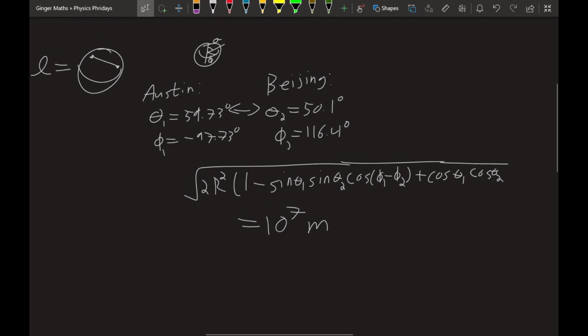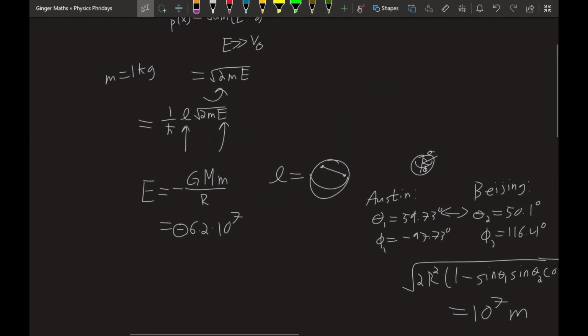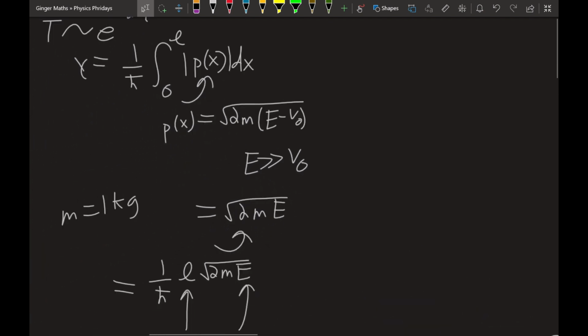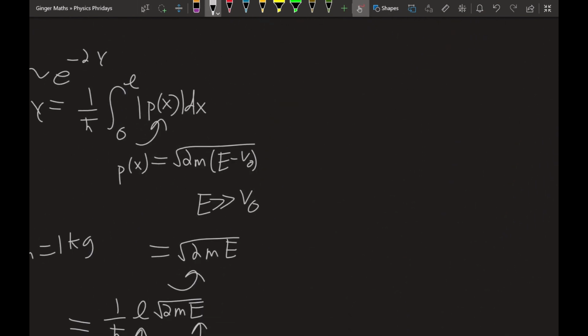So, with that calculated, which is quite cool, we now have essentially everything we need to actually find the probability that our pineapple does actually quantum tunnel to China. So, going up here, actually we'll go down here, or up here. I'm indecisive today. We have 1 over h bar times our L, which is just 10 to the 7, times our square root, which is just going to be 2 times 6.2 times 10 to the 7.